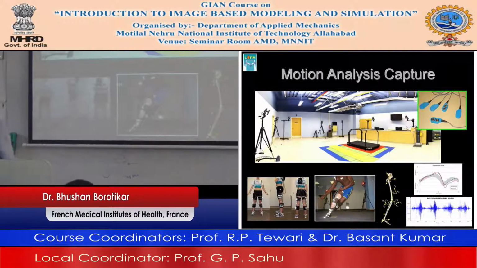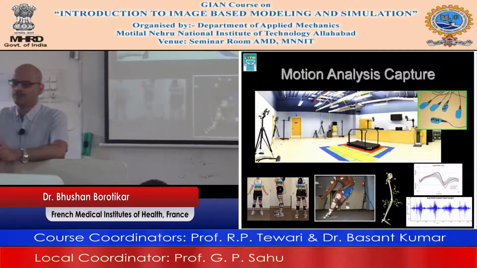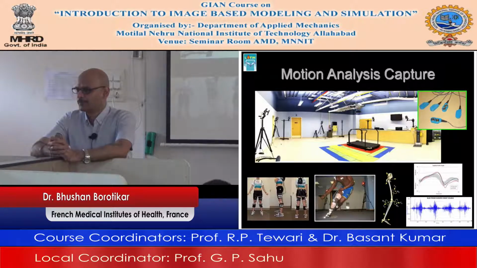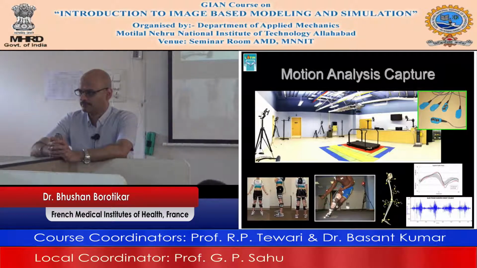So now imagine you have a motion analysis system, you put the markers. When you put your knee markers and hip markers and ankle markers, it is not necessary all the time to take that data into OpenSim. OpenSim didn't exist all the time, or let's say you don't have a capability to work on OpenSim.